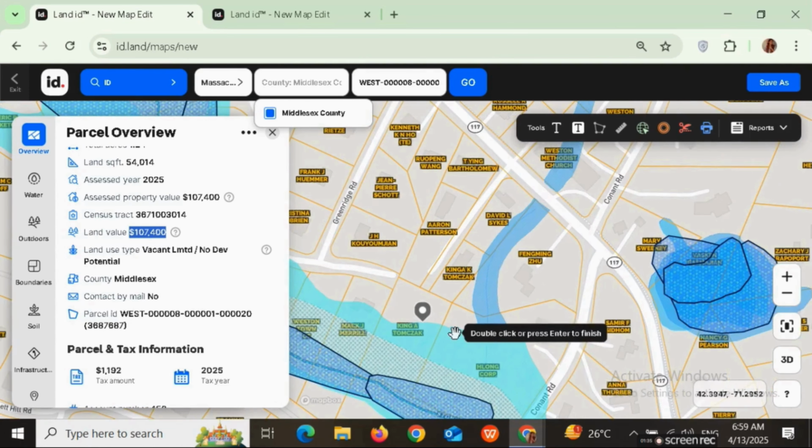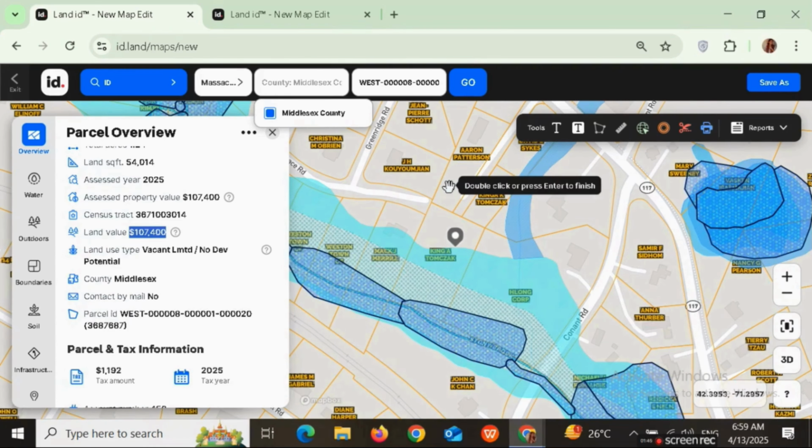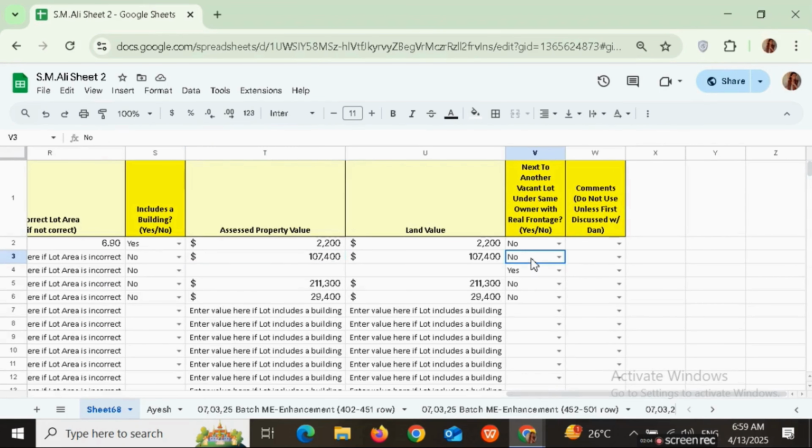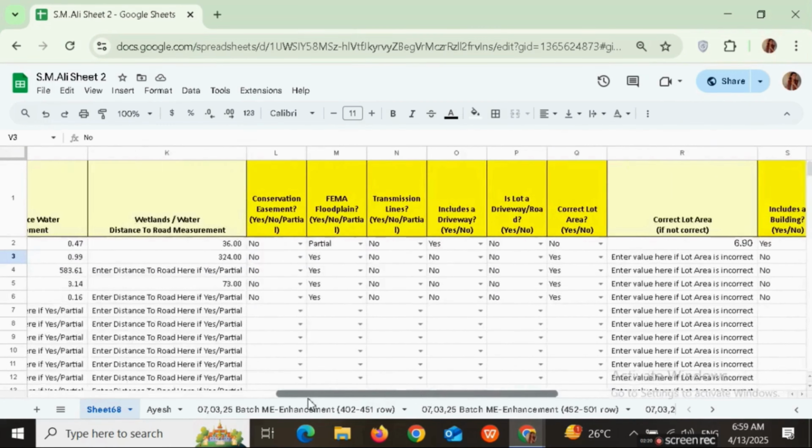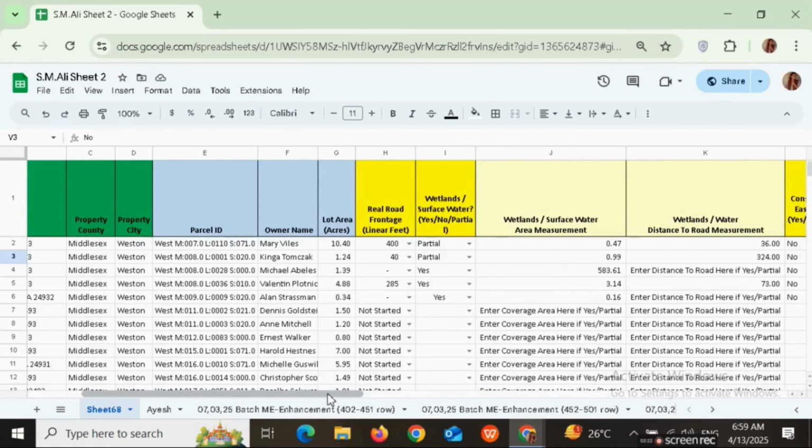So if I find the next property, it must have frontage and be vacant, then I will put yes here. In this case there is no property with this condition, so I put no. All this concept I am following for all these properties.